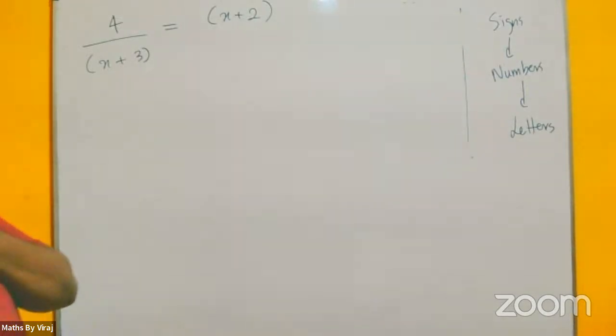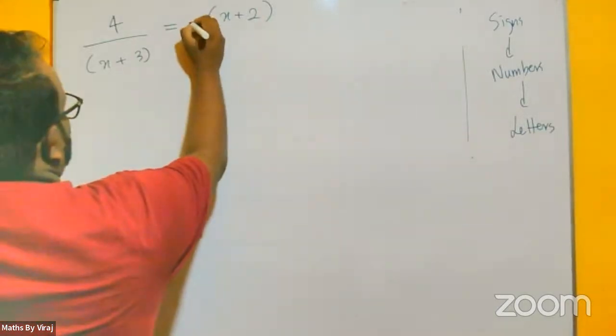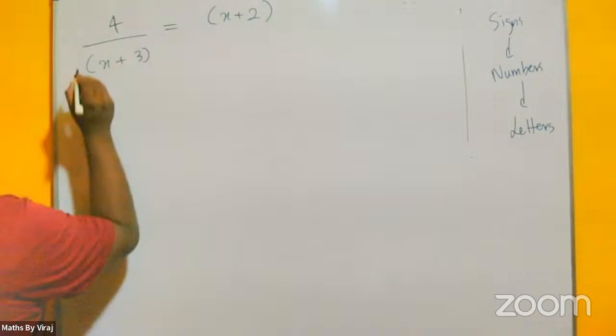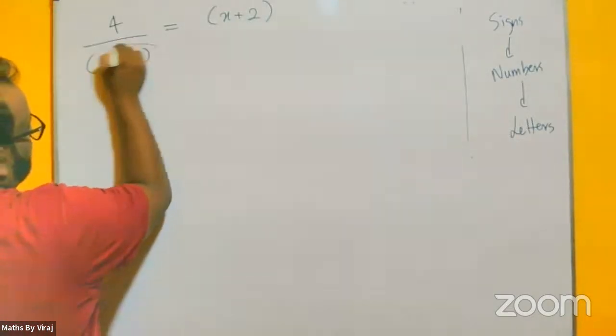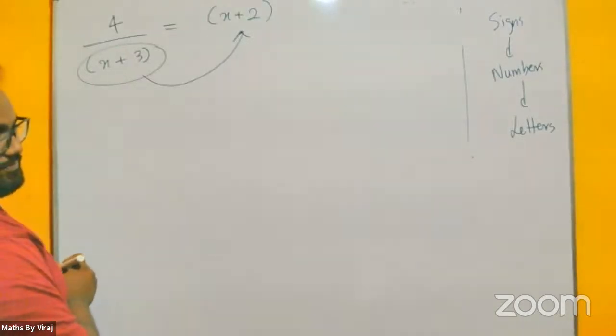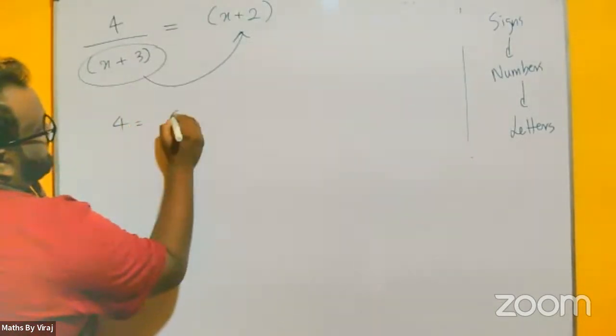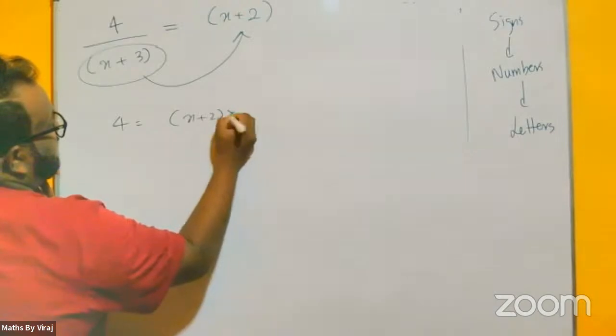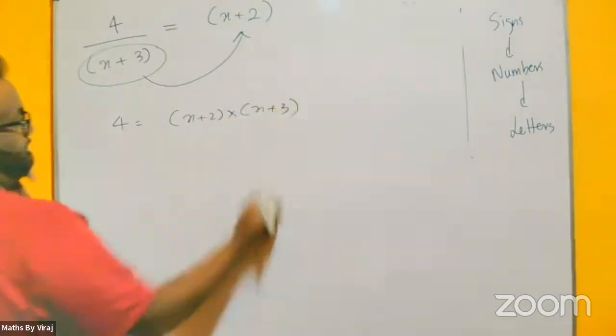Now this might look a bit, how can I say, difficult? No, it's not. It'll make things more difficult if you want later. Here, this whole term, x plus 3, is to be taken to the other side. 4 is equal to x plus 2 times x plus 3.